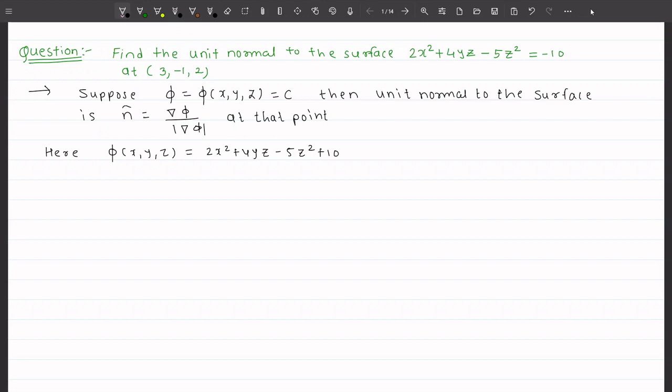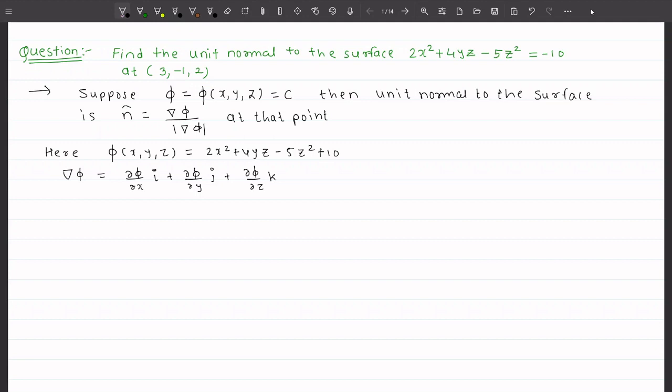So what is the formula for the gradient of φ? Gradient of φ is ∂φ/∂x i + ∂φ/∂y j + ∂φ/∂z k. Here ∂φ/∂x denotes the partial derivative of φ with respect to x, ∂φ/∂y the partial derivative with respect to y, and ∂φ/∂z the partial derivative with respect to z.